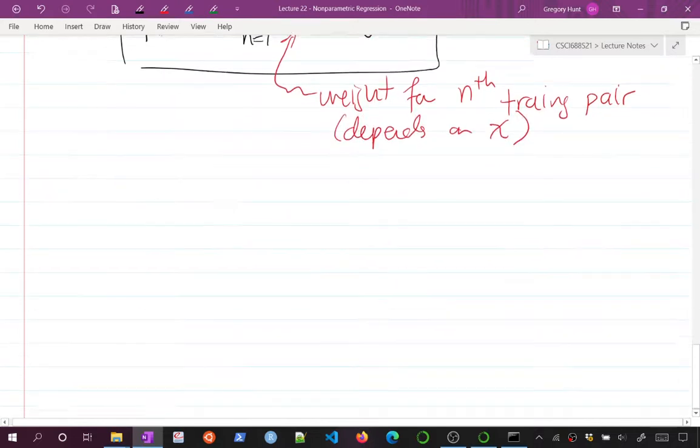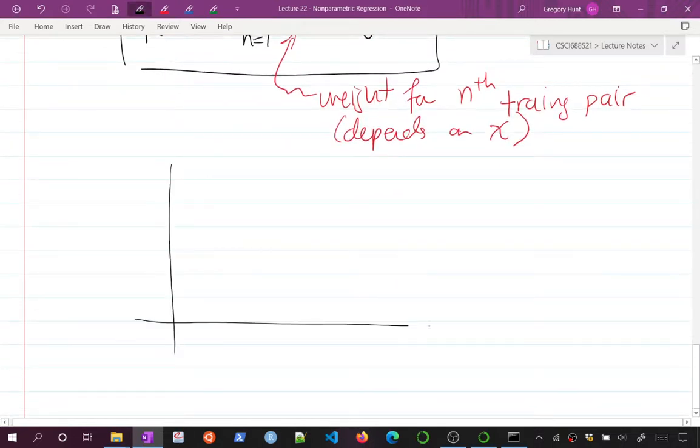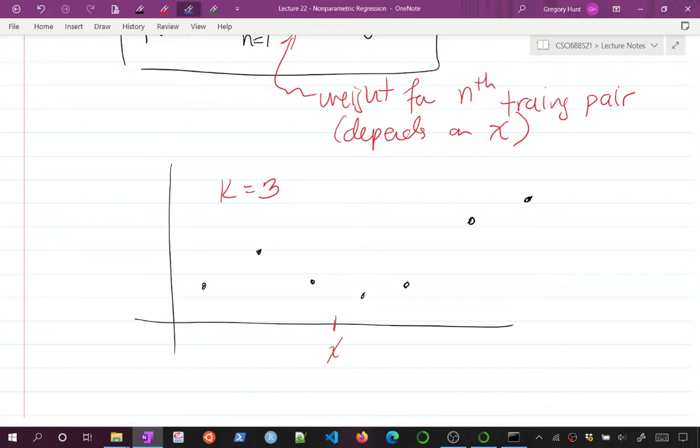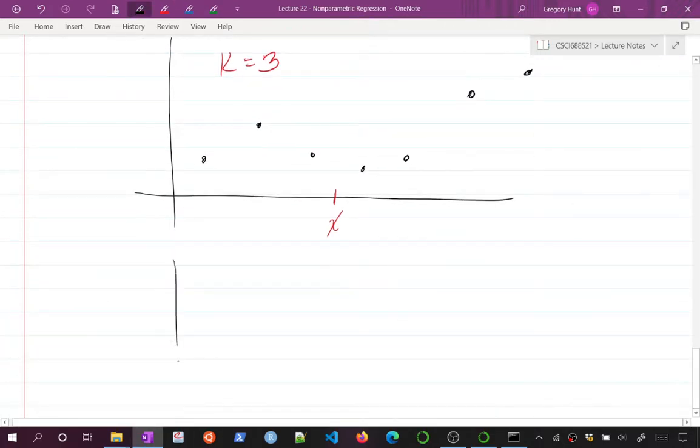Maybe I can draw a picture of this. Let's draw a little picture. Here I'm going to put my training pairs in as black points. Let's say k is equal to 3, and I have some point x I want to predict here. I can draw my weight function below.